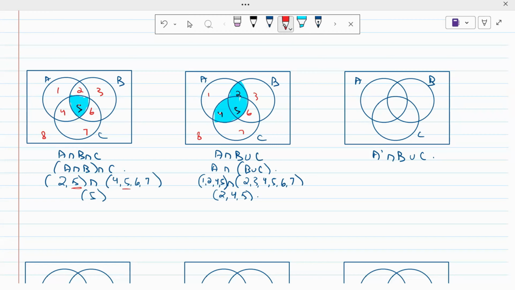Next part, this is again labeling the regions. So 1, 2, 3, 4, 5, 6, 7, 8.